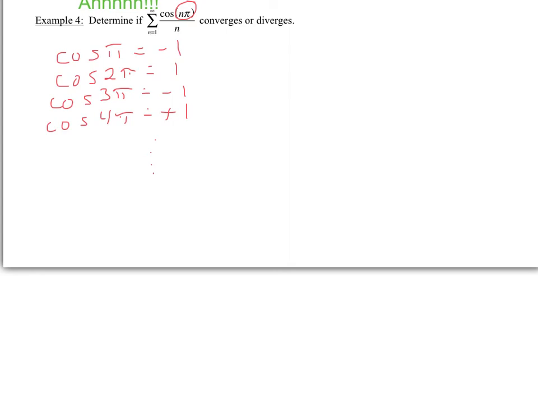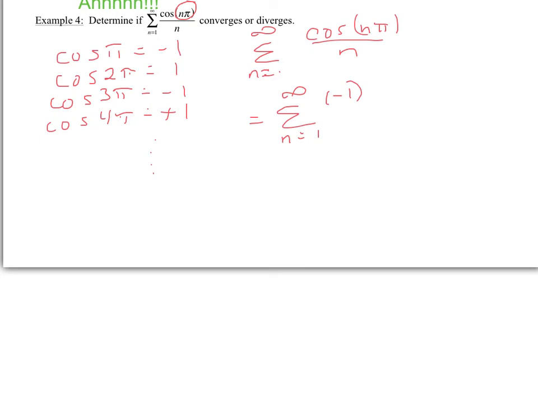And so we can rewrite the series as n goes from 1 to infinity of the cosine of n pi over n. We can rewrite that as the series n equals 1 to infinity of, and then you can take out that negative 1, and you want to be careful with the exponent because, is it going to be negative 1 to the n?